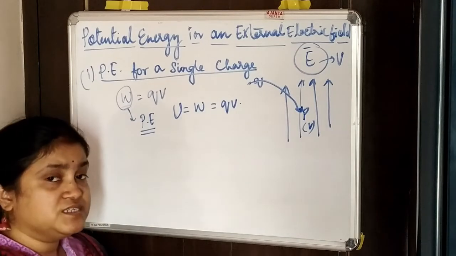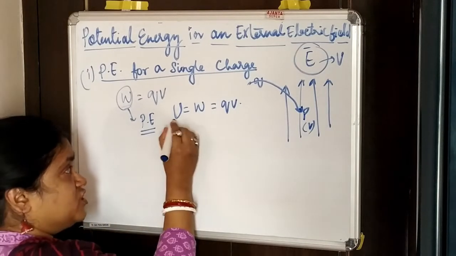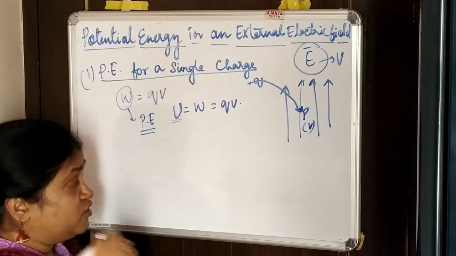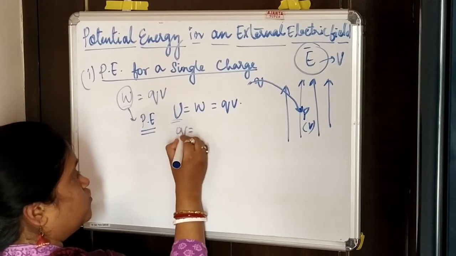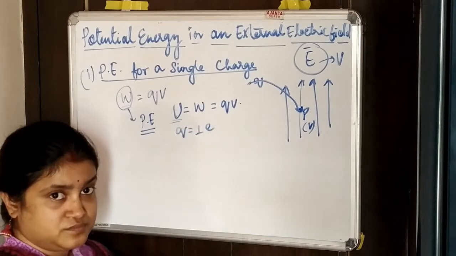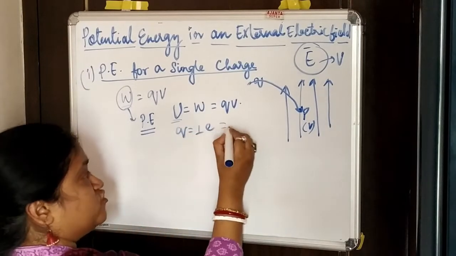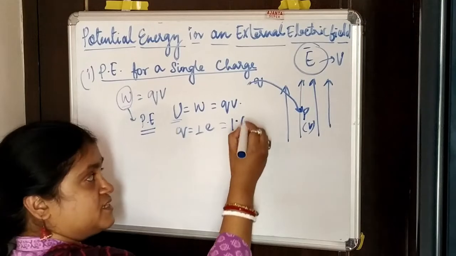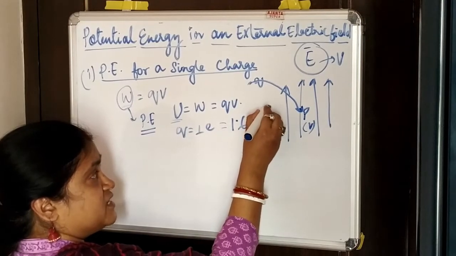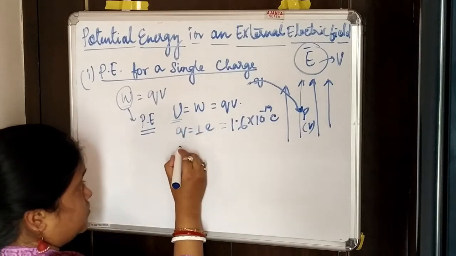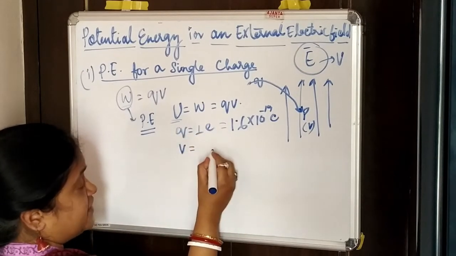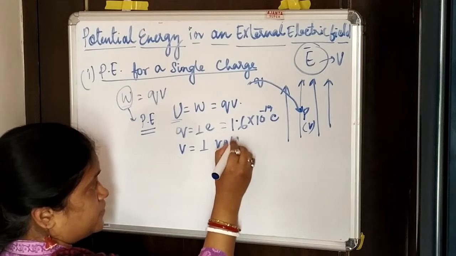Now let's see what is the unit of this potential energy. As we already know, suppose I take Q equal to 1 electron, and the charge of 1 electron is 1.6 into 10 power minus 19 coulomb. And suppose the potential I take as 1 volt.